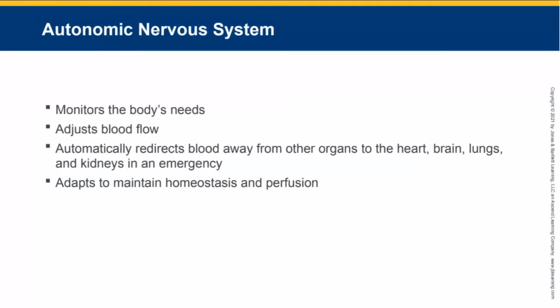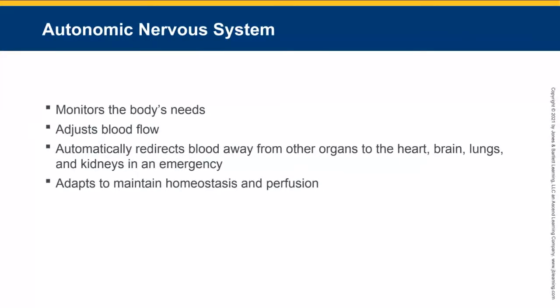Now, what this slide is saying is that based on our daily activities, our body adjusts blood flow. So when we are lying down, our blood pressure will not be the same as if we're sitting up, standing, walking, or running.